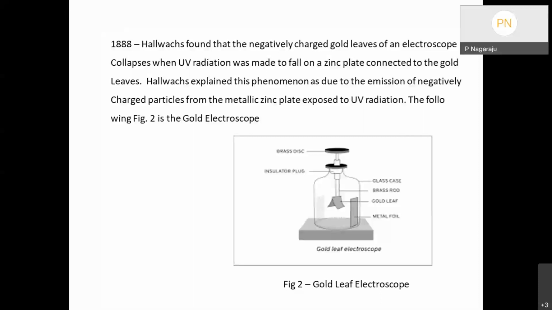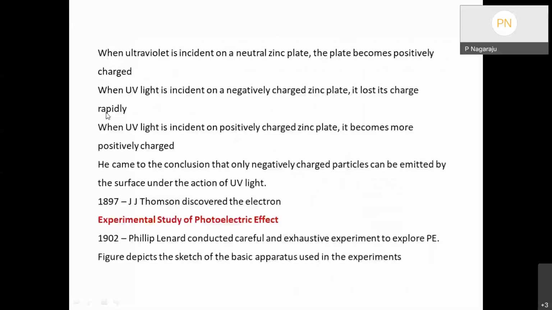You can see here, this is the gold leaf electroscope. When UV radiation falls on this zinc plate connected to the gold leaves, the gold leaves collapse, and he explained that the phenomenon is due to the emission of charged particles from the metallic zinc plate when exposed to radiation.